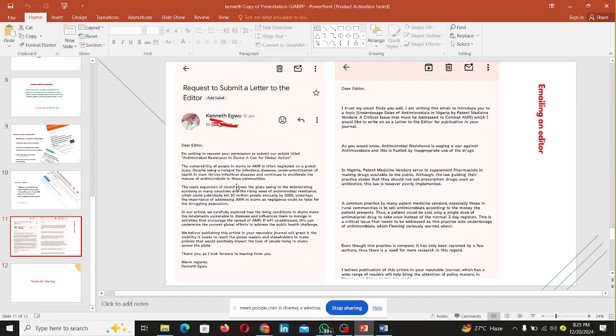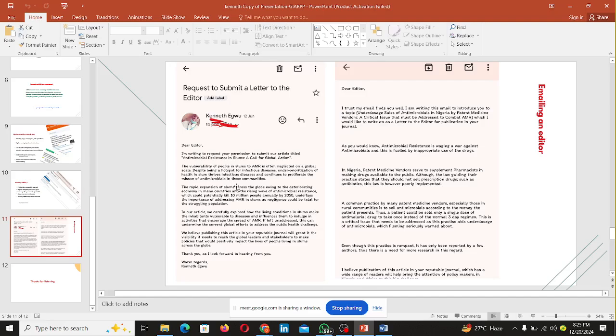So I don't know if you can see this, but this is just when we were writing. The one by the right, without any red coloring on it, is the letter we wrote to the editor.